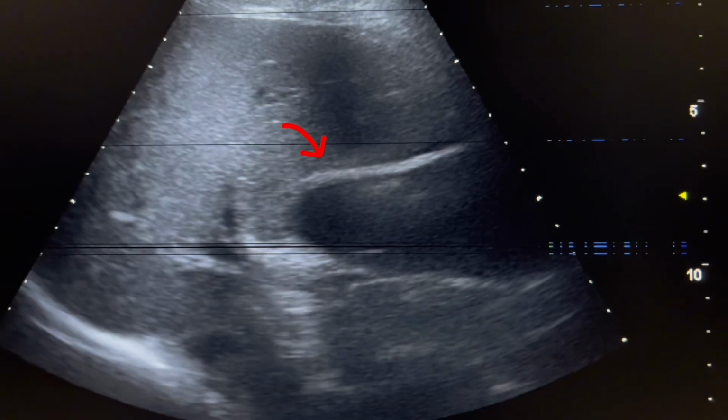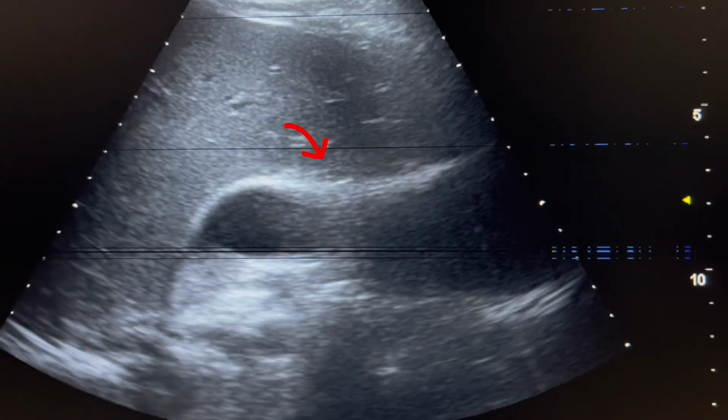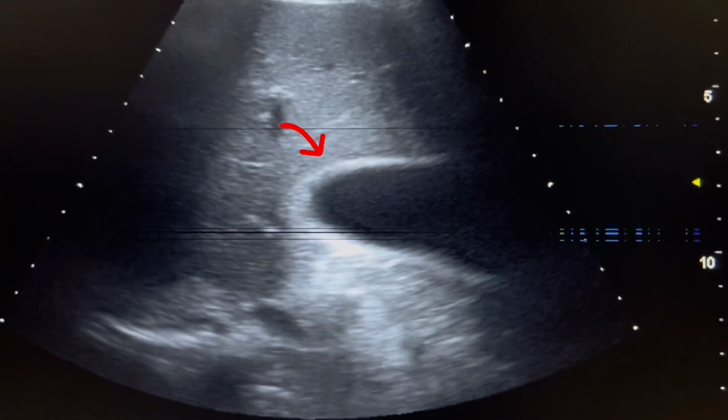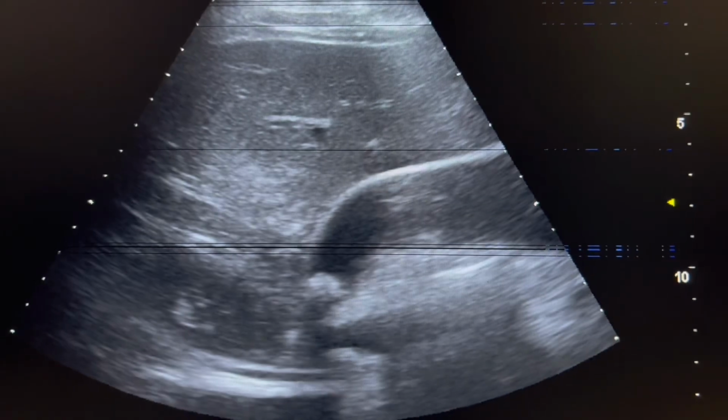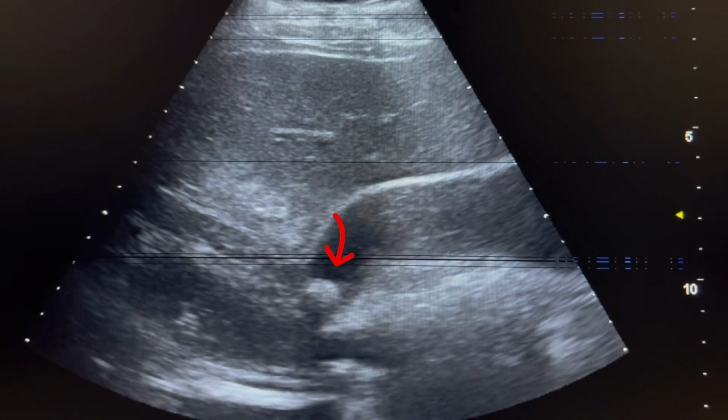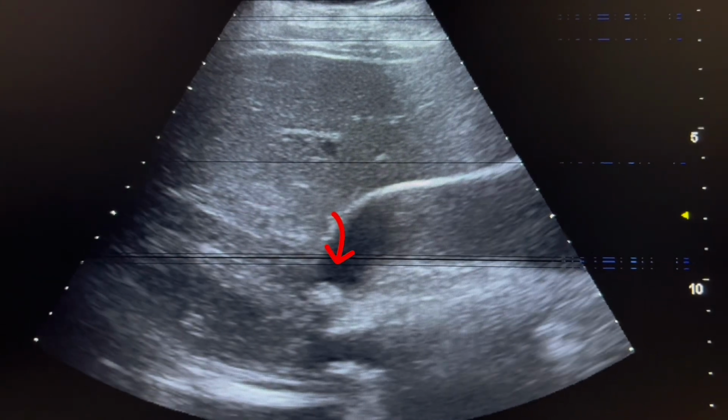Now rotating the patient to the left lateral position to locate the stone in the neck of gallbladder. Here we see the stone in the neck of gallbladder.